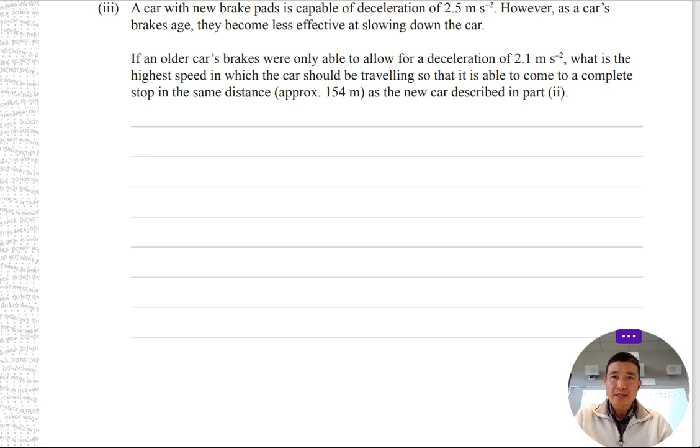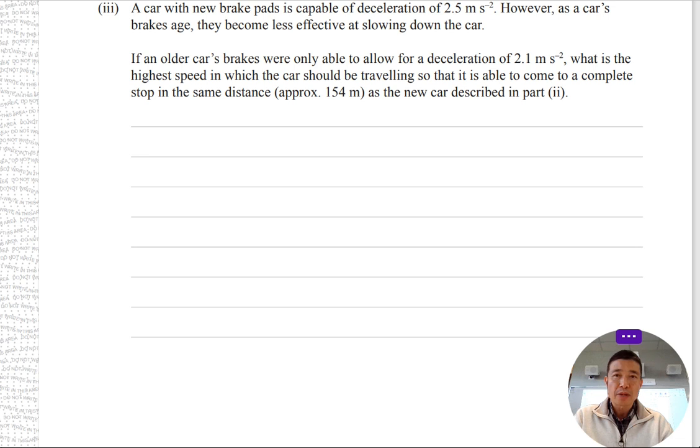So the question says, a car with new brake pads is capable of deceleration of 2.5 meters per square second. However, as the car's brakes age, they become less effective at slowing down the car.